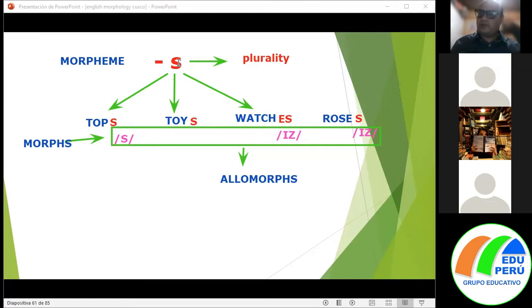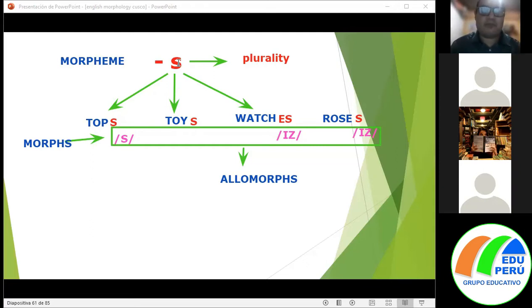So we have this rule. Remember, with the past simple, then we had plurality, then the present simple third person singular. You add the s to the verbs too, and the apostrophe s to talk about possession. You apply that same rule.